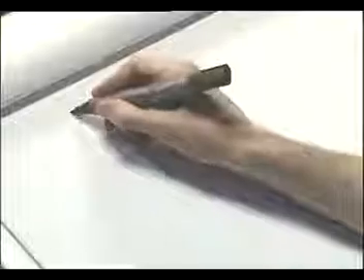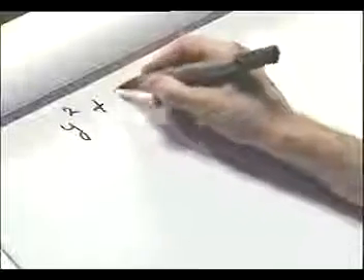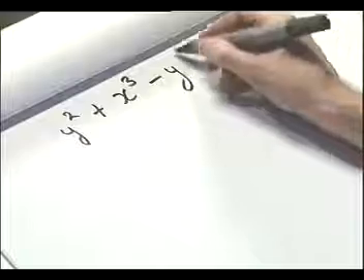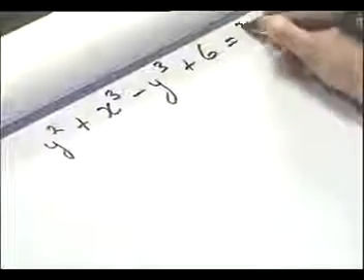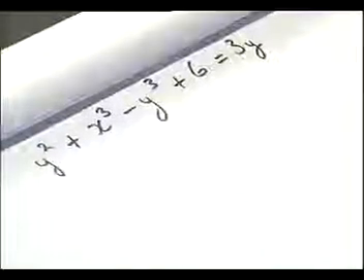For now, let's have a look at some examples. We'll begin with this one: y squared plus x cubed minus y cubed plus 6 equals 3y. We want to differentiate this with respect to x.